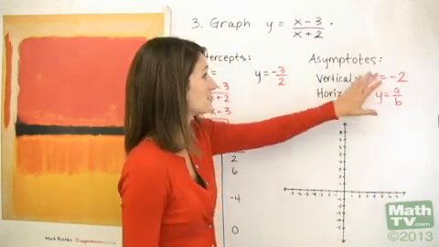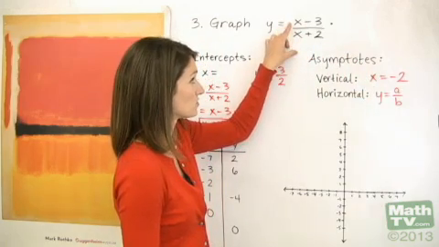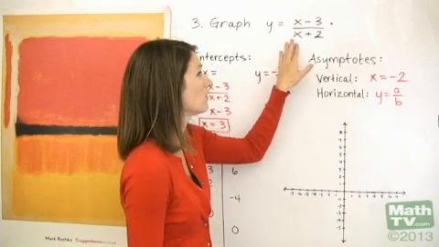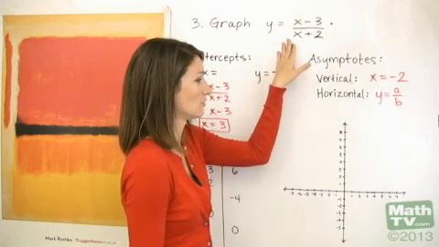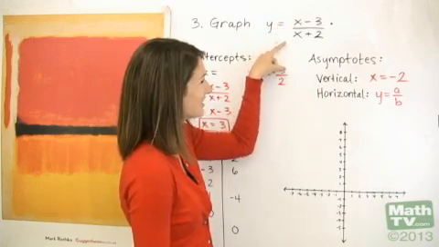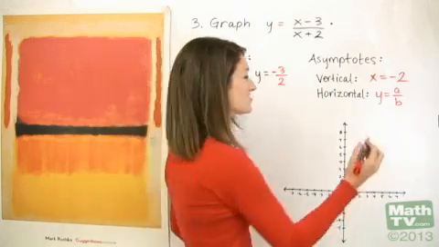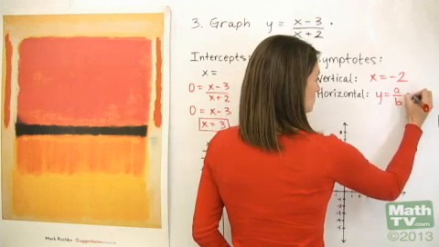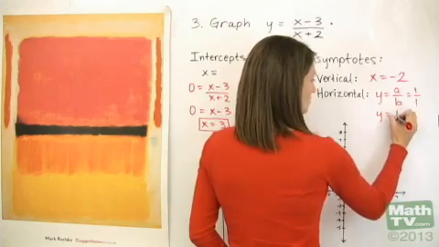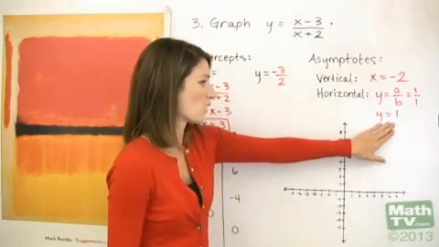Now a is the leading coefficient of our first term in the top polynomial, and b is the leading coefficient in the bottom polynomial. So we see that our coefficients here are each 1. So y is equal to 1 over 1. Therefore, our horizontal asymptote occurs where y equals 1.